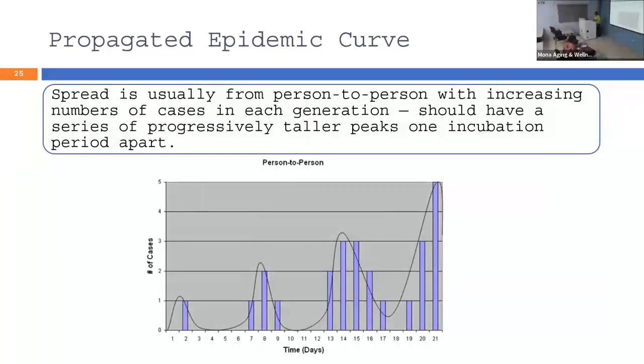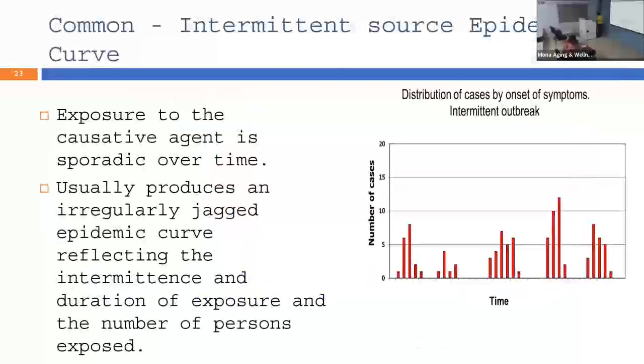For the common source intermittent, so the breaks that we're seeing with the different peaks, this would talk about different incubation periods. So people are exposed, so it's almost like you have several point sources. So people are exposed, several people, they get infected, and then it stops.